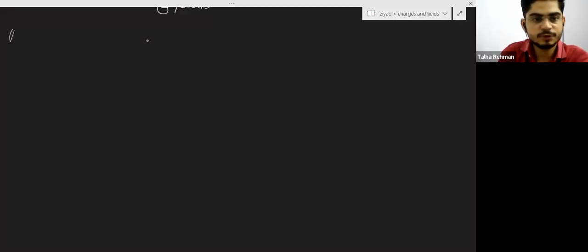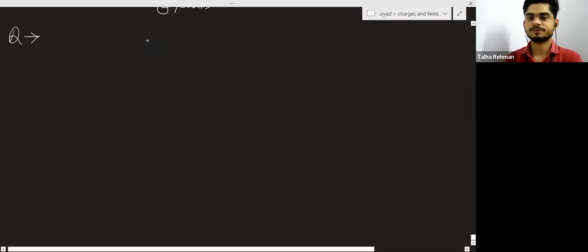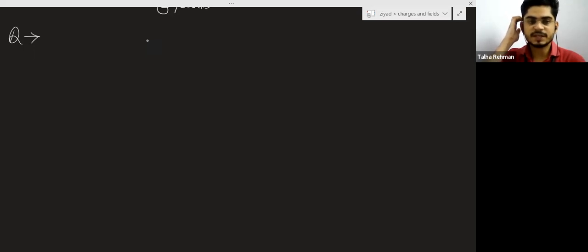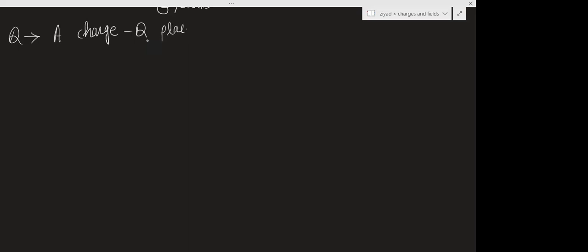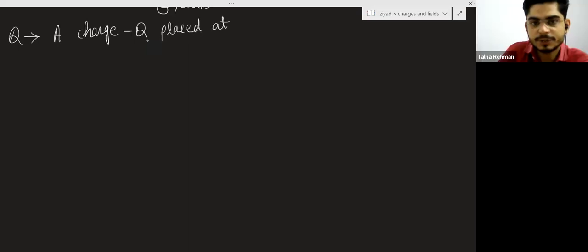We will solve one more question like this. In this question, we have to draw the graph for a charged particle, that is a negative charge particle placed at origin. Means a charge minus q this time placed at origin.